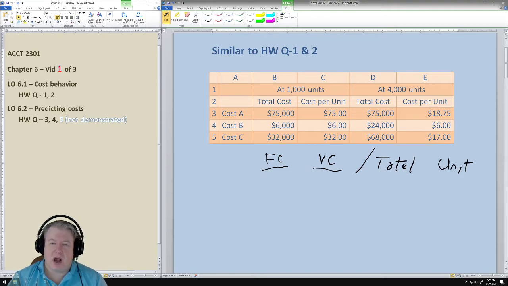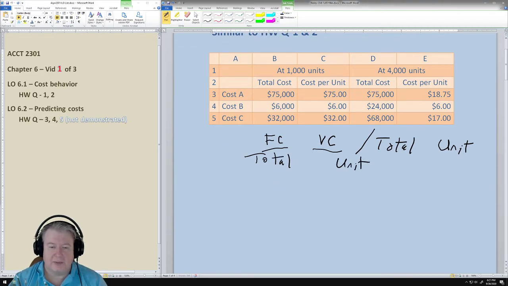And same with variable costs. You could look at total or unit variable cost. And how we start looking at this is, let's have a column here for total, and a column here for unit, and we're going to look at it on a graphing scale.